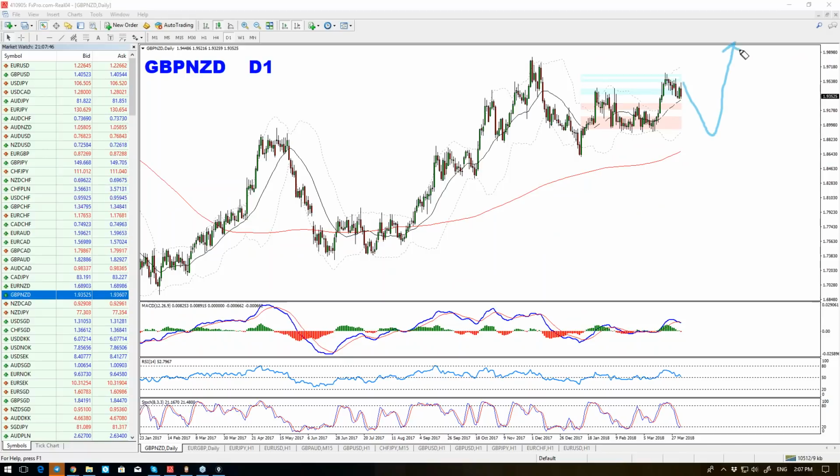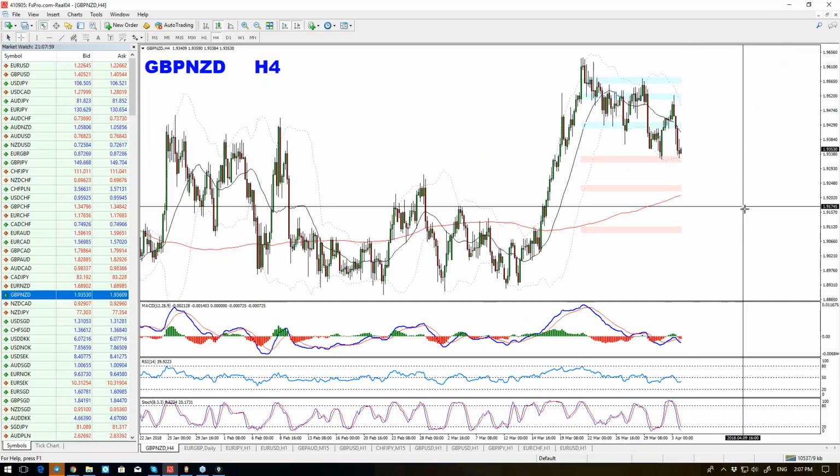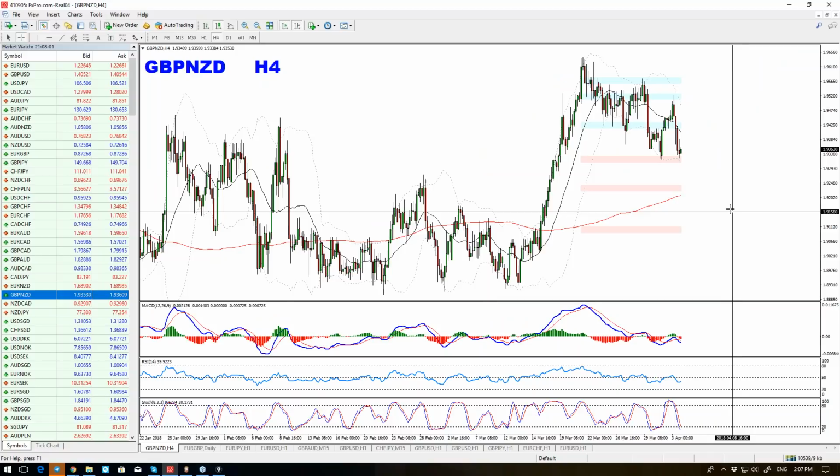Bottom of the range and we are for buys, or 2 waves, 1, 2, and we are with the weekly buys. Okay, so that's all for the pound versus the kiwi. For the short term, sales are acceptable due to the current conditions, and for the long term, of course, we'll be looking for the buys.